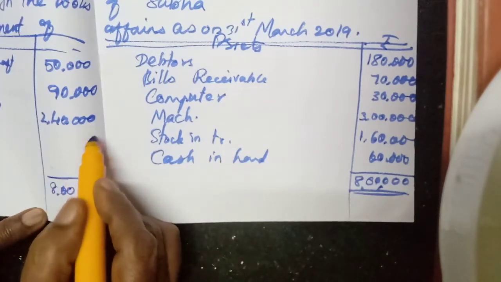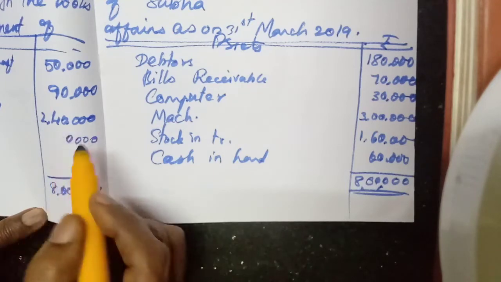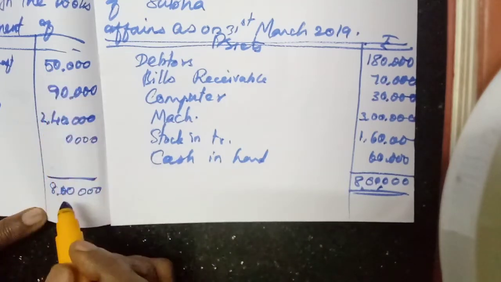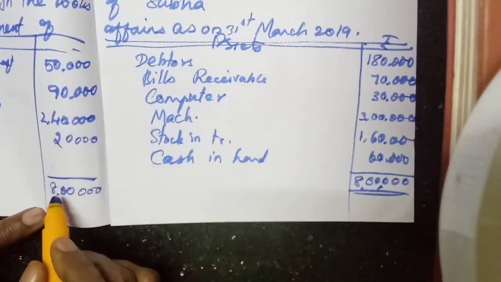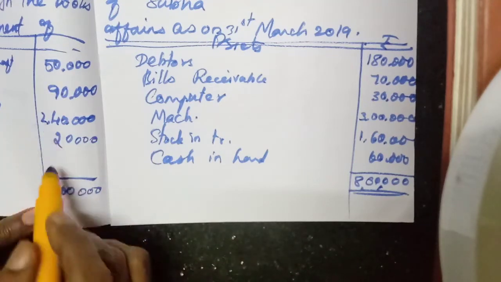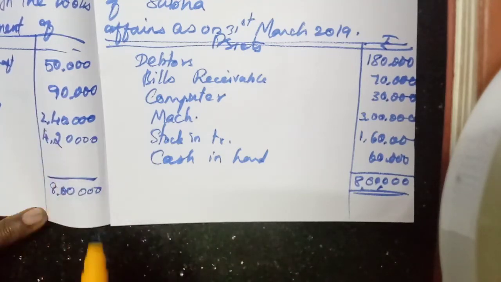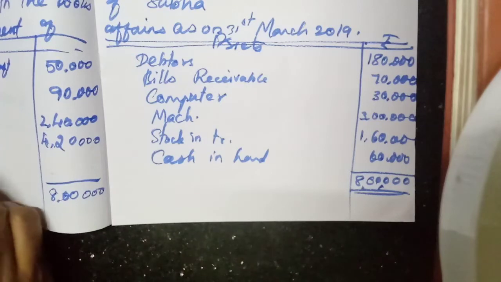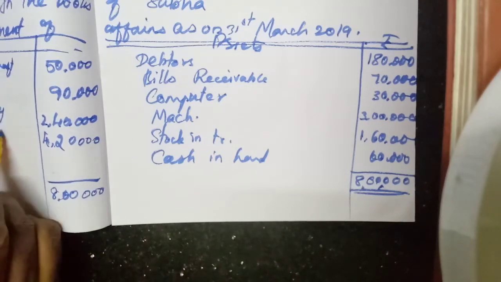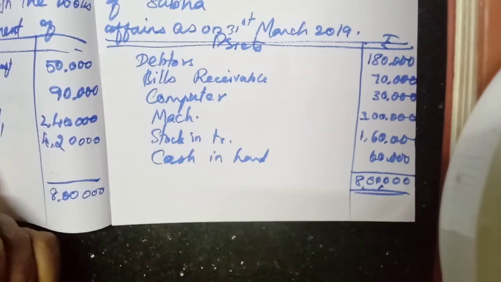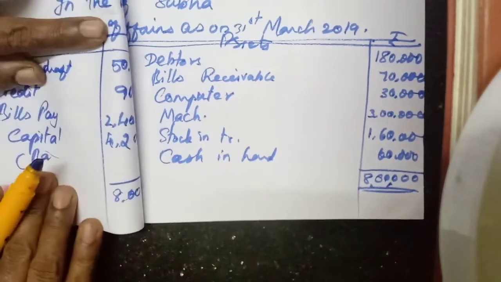Okay, now find out the difference. 14 plus 14, 18. 18 plus 2, 20. Balance 2, 4. Then 4. 4,20,000. This is called capital. In bracket you should write balancing figure.